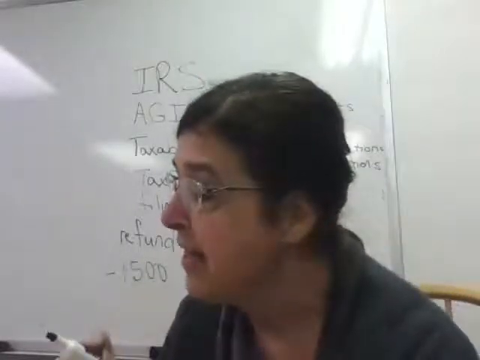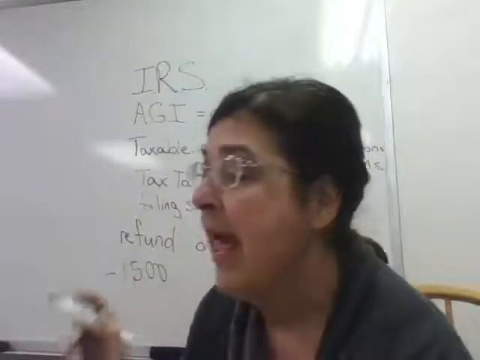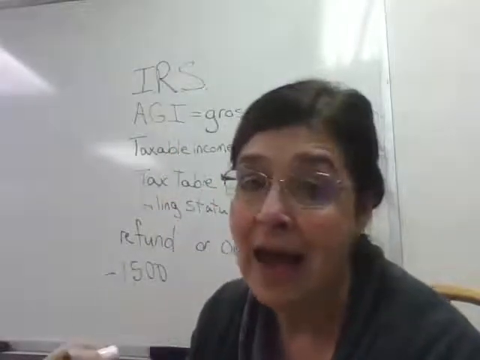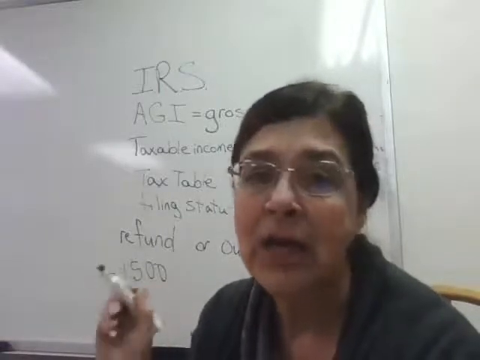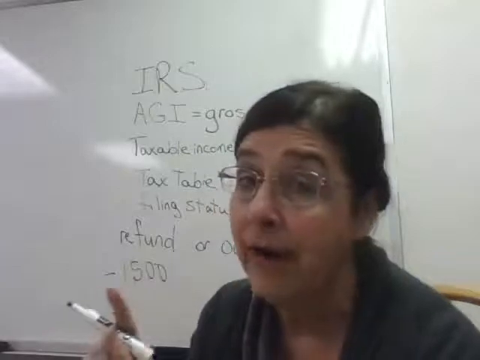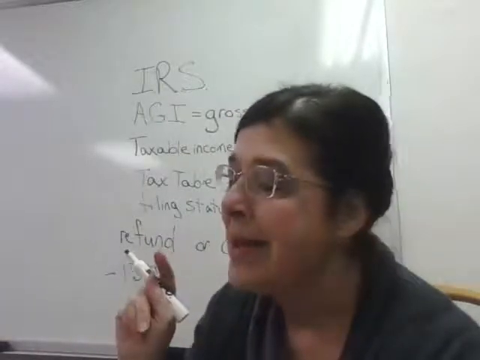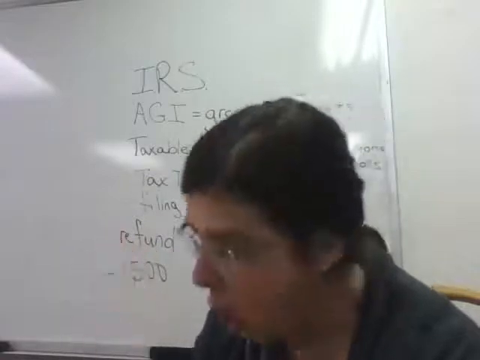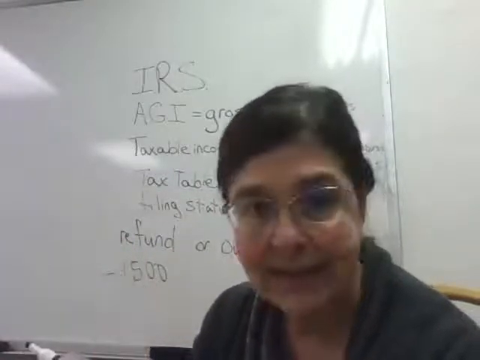So take 20,876 minus 1,500. And that is your AGI. Your first answer for number 1A, AGI equals, your answer is $19,376.